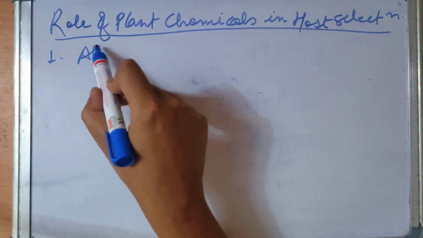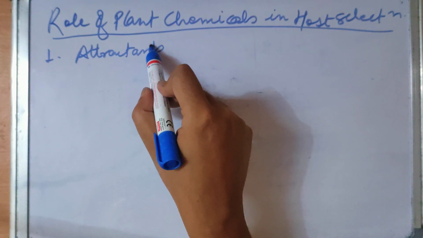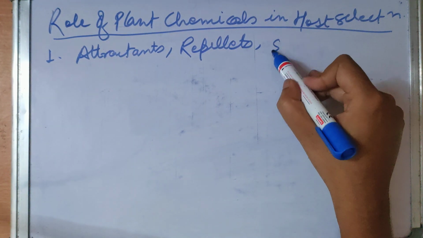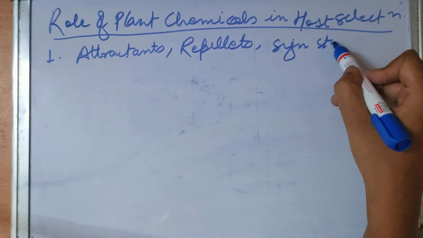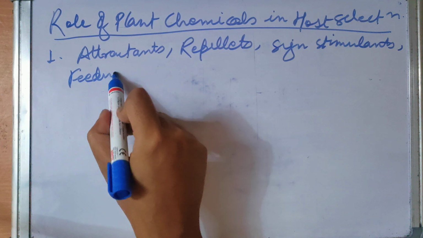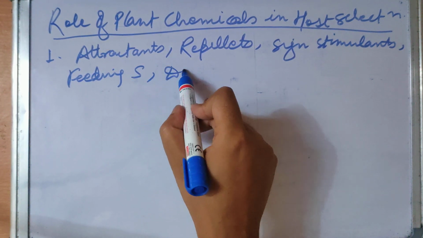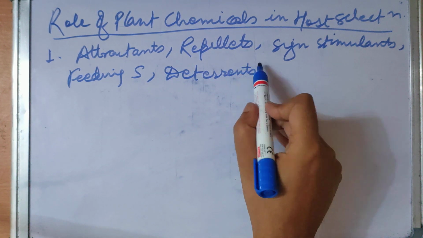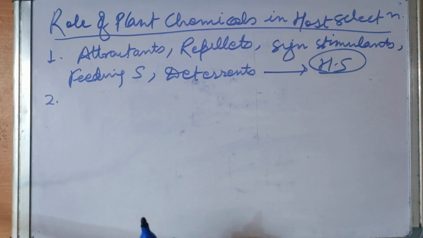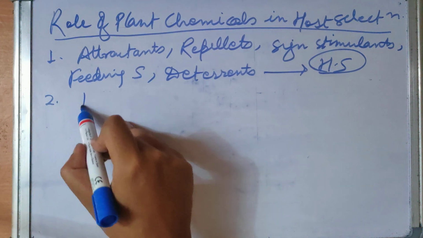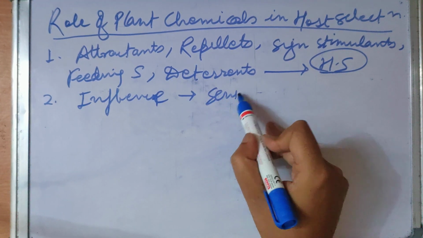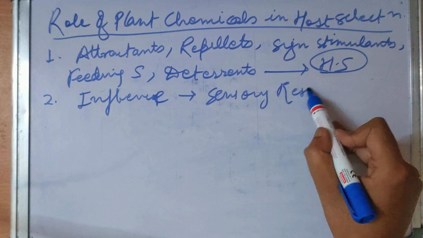First of all, attractants, repellents, feeding stimulants, and deterrents. These all determine host selection. They influence by sensory responses.